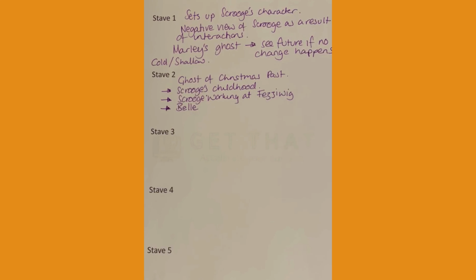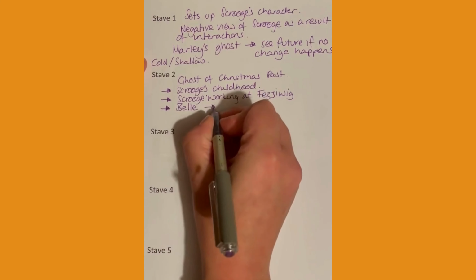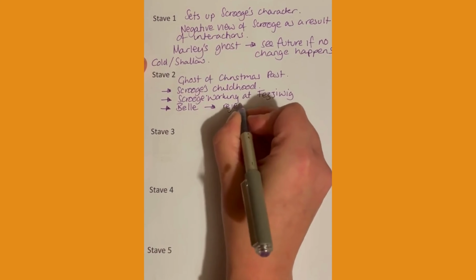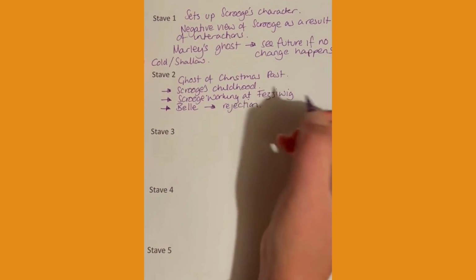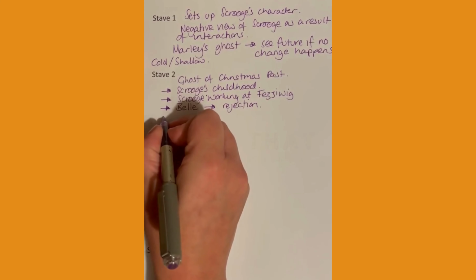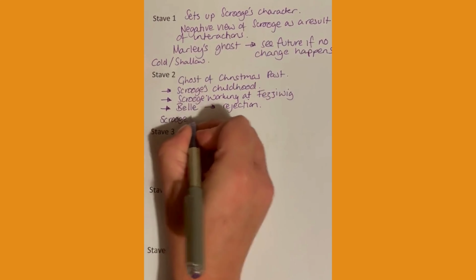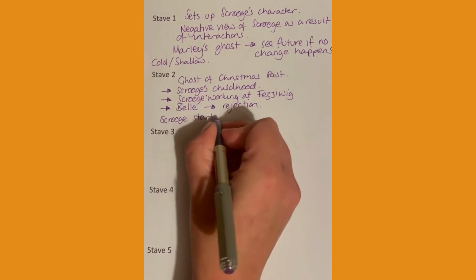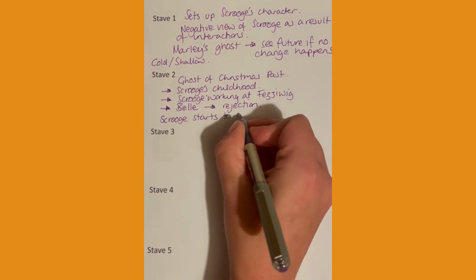So at this point, Scrooge's priorities are incorrect, but that rejection by Belle also begins to affect him as a person and begins to affect the way he treats people. At the end of that stave, Scrooge is emotional. He has started to tap into emotion.